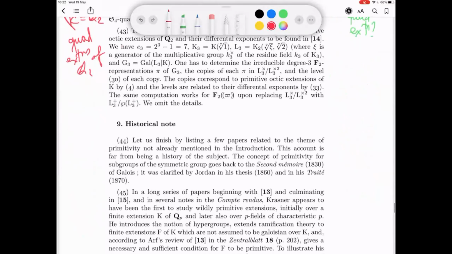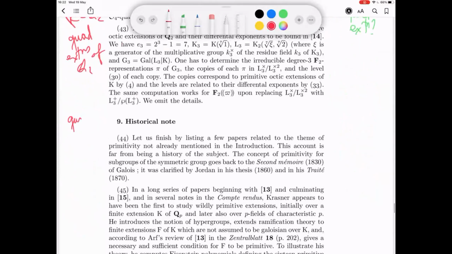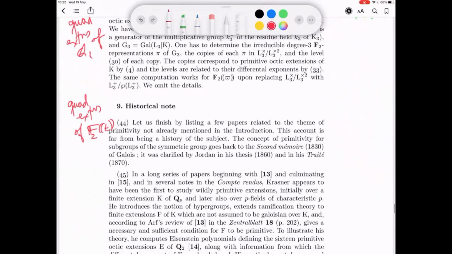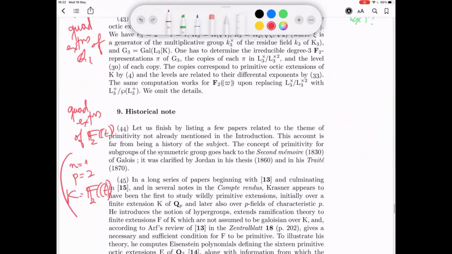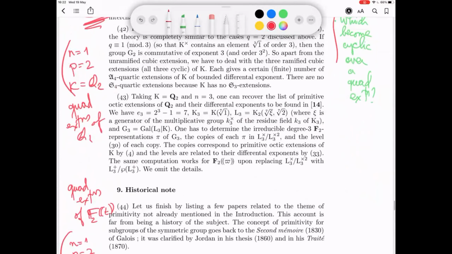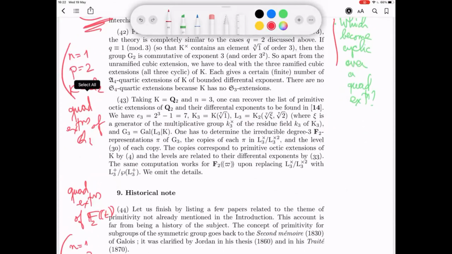Have we also looked at all quadratic extensions of F2 power series T? If not, you should do it first, because that's the case n equal to 1, P equal to 2, and in fact, K equal to F2 power series T. So these are very special cases of what we have done. And in general, you should be able to do these things now.